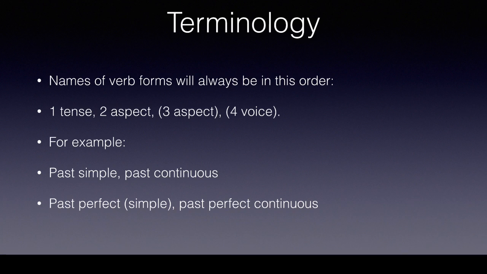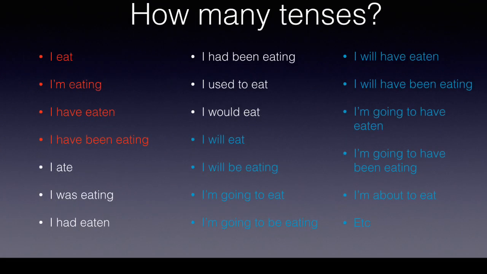Now let's look at that list I had with the number of tenses. Oh look, I've gone very patriotic, red, white and blue. Okay, the 4 forms which are in red are in the present tense. So present simple, present continuous, present perfect continuous. The forms in white are in the past.